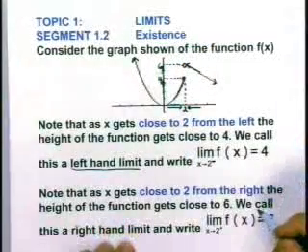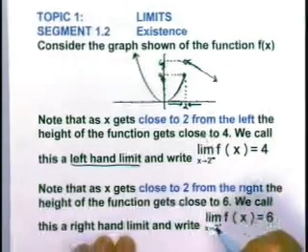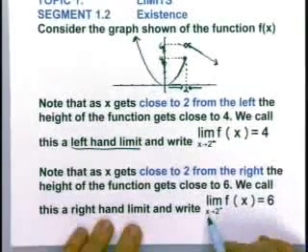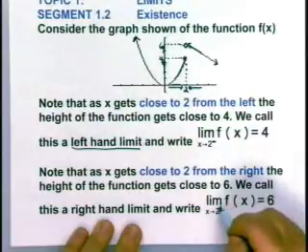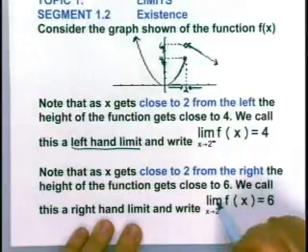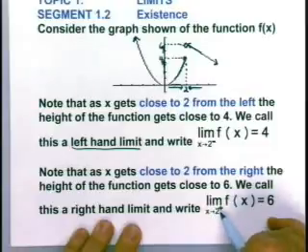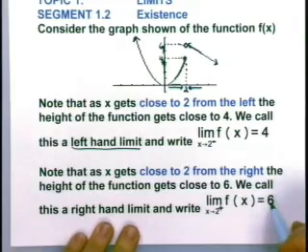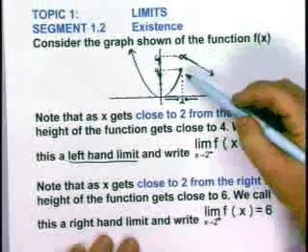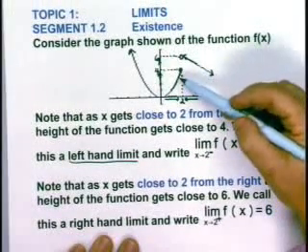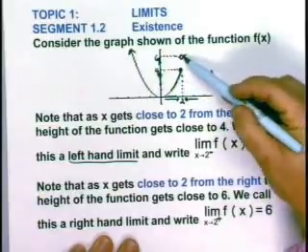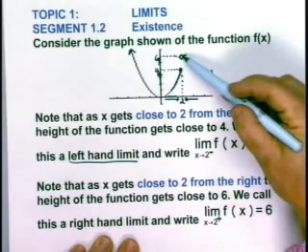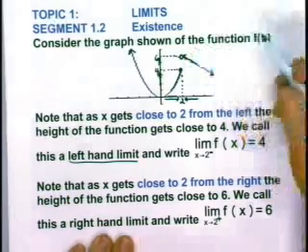We call this a right-hand limit, and we write the limit as x approaches 2, and this time we use a little plus sign in the exponent position. This is read the limit as x approaches 2 from the right of the function f of x would equal 6. So for this graph, the left-hand limit, the limit as x approaches 2 from the left is 4, and the right-hand limit, the limit as x approaches 2 from the right, is equal to 6.